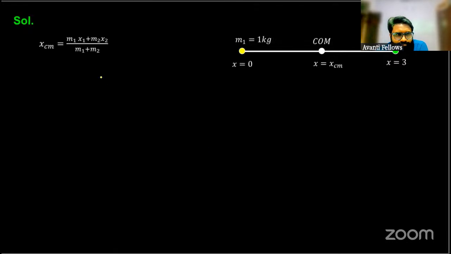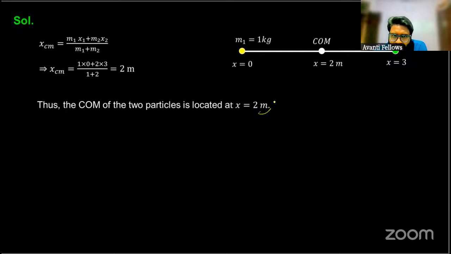Now XCM, we will apply m1 x1 plus m2 x2. x1 is 0, so 1 into 0 is 0, plus 2 into 3, which is 6, divided by total mass 1 plus 2, which is 3. So 6 by 3 is 2 meter. So the answer is 2 meter.